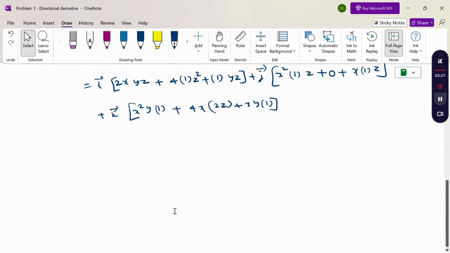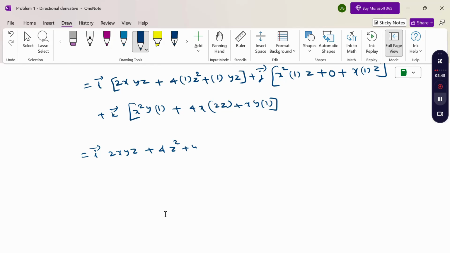Now the value is: I vector (2xyz plus 4z squared plus yz), plus j vector (x squared z plus xz), plus k vector (x squared y plus 8xz plus xy).